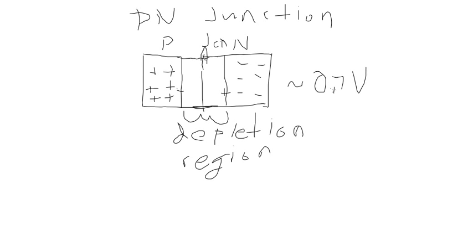So the way I was taught was 0.7, so that's what I always use in my classes. It's easier to deal with than 0.65 or 0.75 when you do the math. So we'll call that 7/10 of a volt.